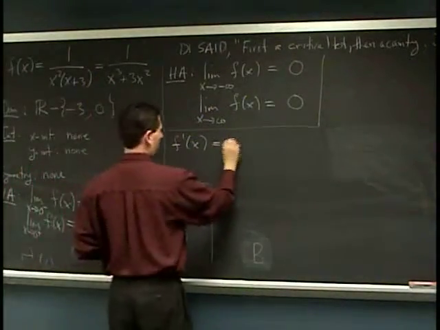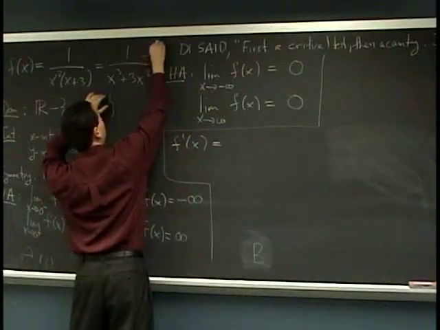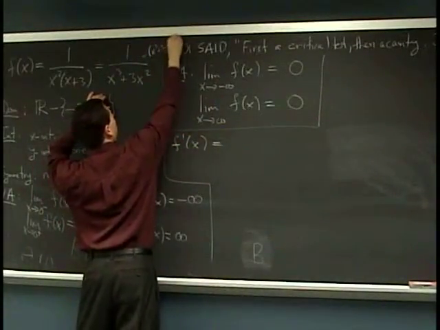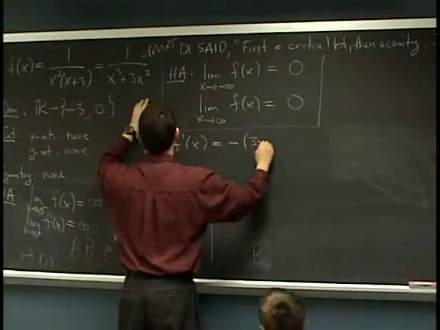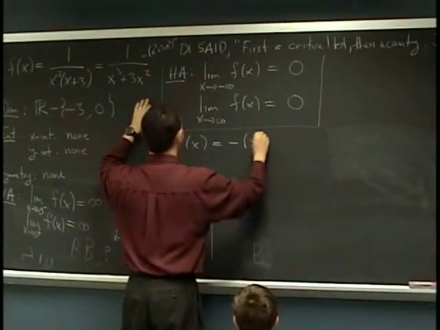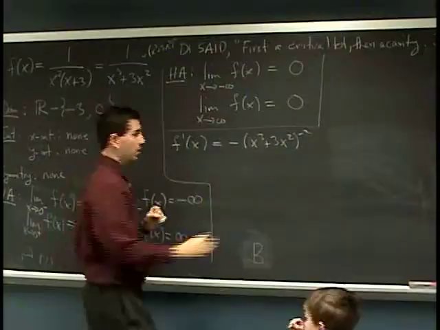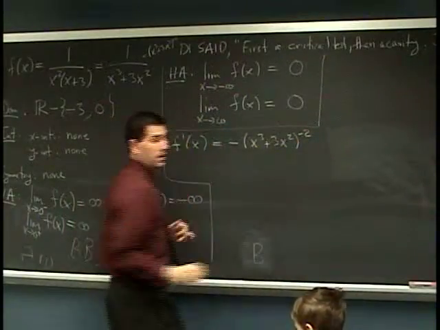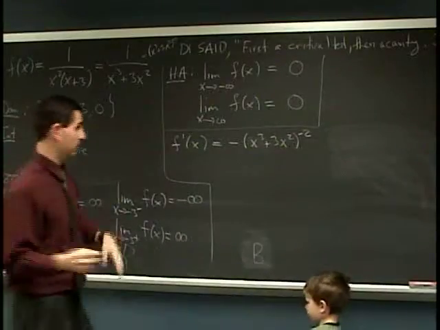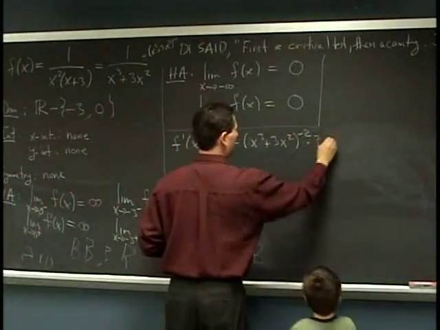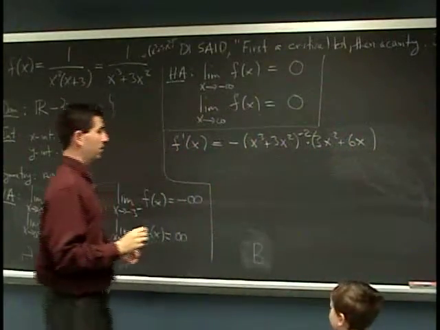Think of this as x cubed plus 3x squared to the minus 1, then the derivative will be minus x cubed plus 3x squared to the minus 2. Am I done? No, I have to do the inside, so times 3x squared plus 6x.